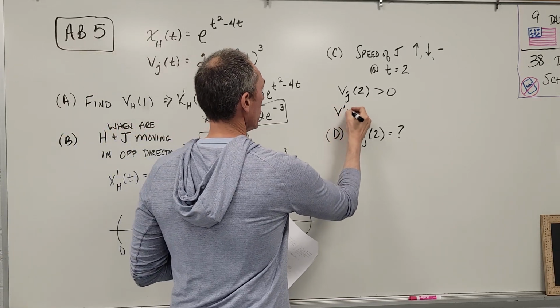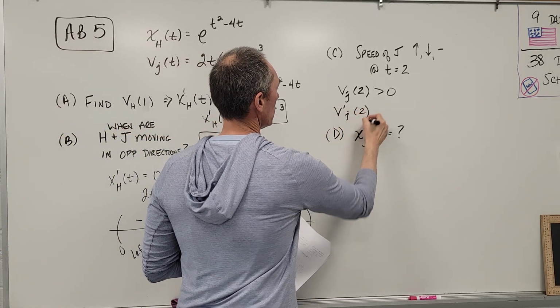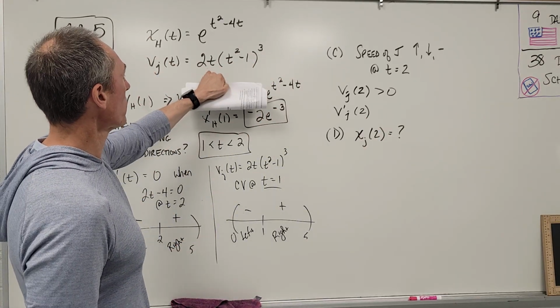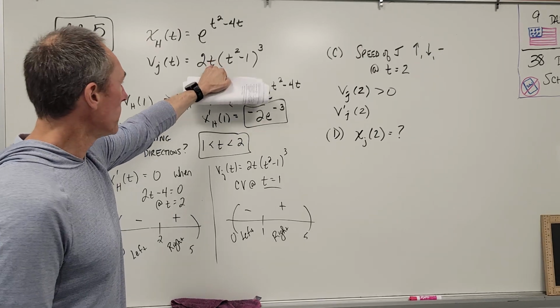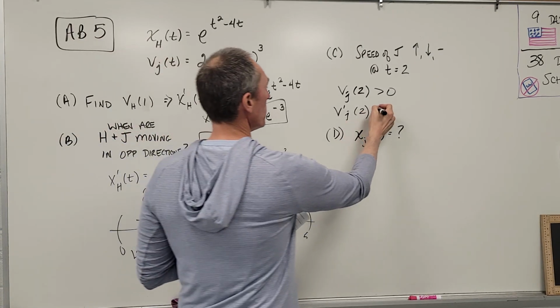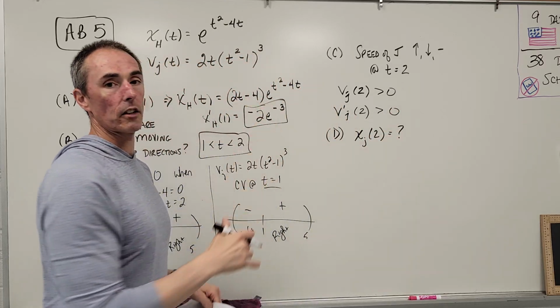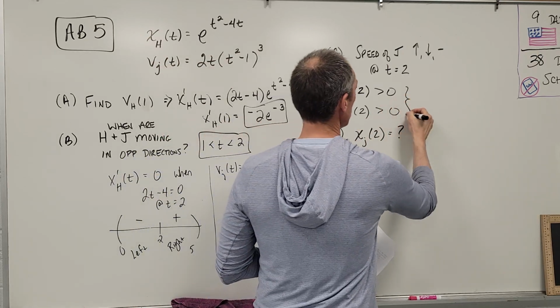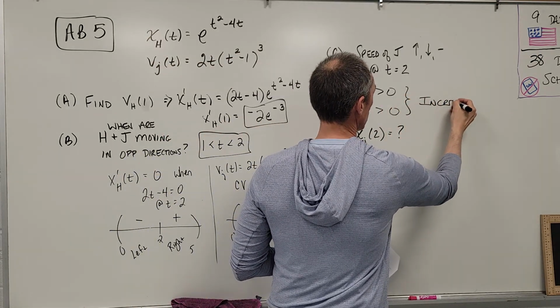What is the sign, is that going to be positive or negative? If we were to differentiate this function, it will also be positive when we put in 2. And so because both velocity and acceleration of particle J at 2 are positive, the speed is increasing.